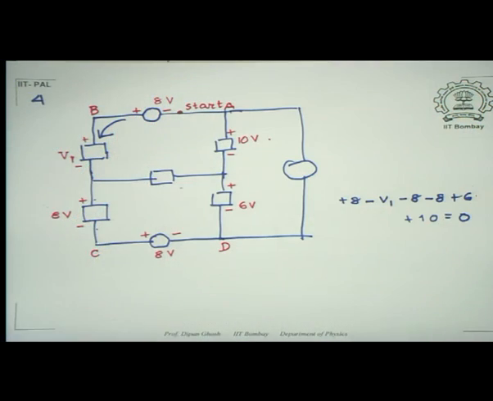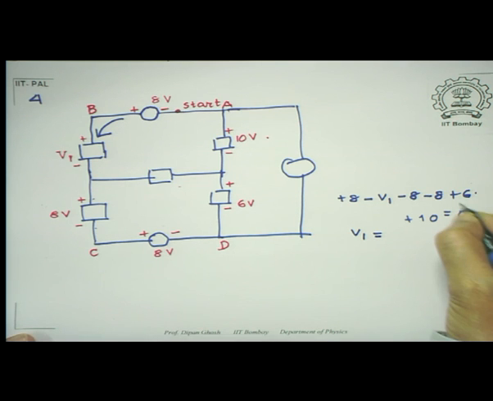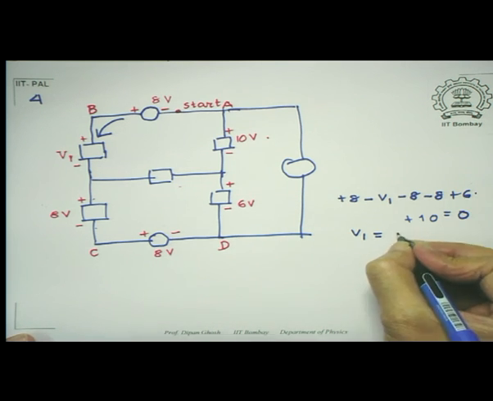But here I haven't necessarily assumed what type of things those are. Whether it's a resistance or it's a battery, I have a way of handling it. So look at what this tells me. This simply tells me V1 is equal to, well, you add them up. So this is 16 minus 8, so that's equal to 8 volts.